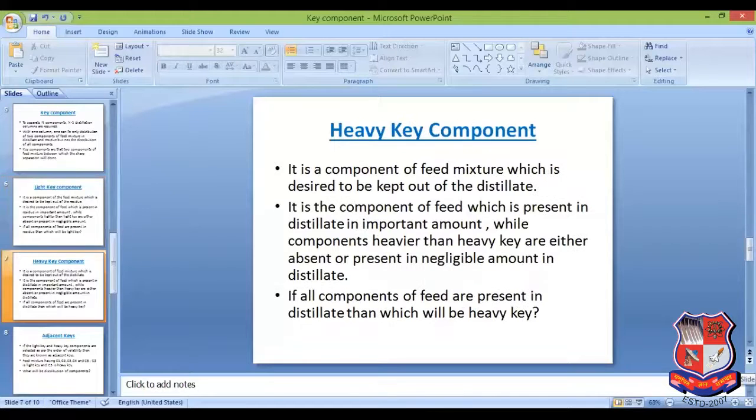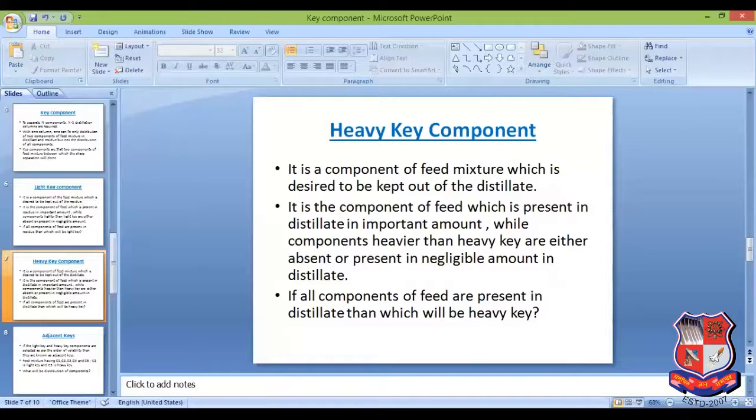Okay. Similarly, heavy key component: it is the component of feed mixture which is desired to be kept out of distillate. Recall the binary distillation in which we want to keep B out of the distillate, but still it will be there in some significant amount. So similarly over here, in case of multi-component, it is the component of feed which will be present in distillate in an important amount, but the components which are heavier than heavy key are either absent or present in a negligible amount in distillate, right?